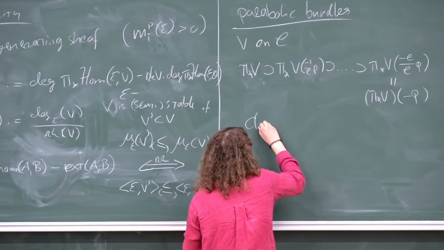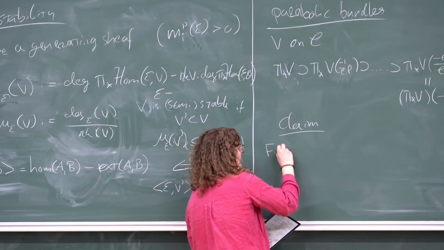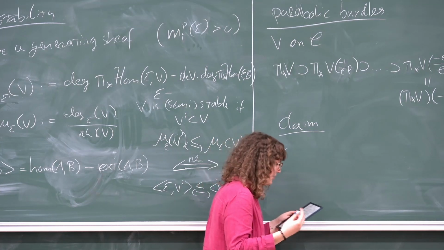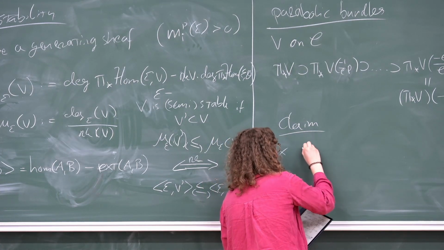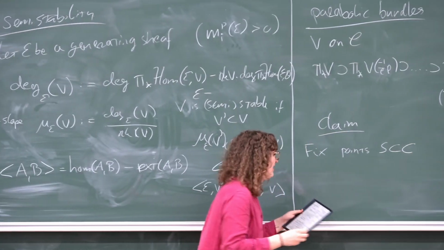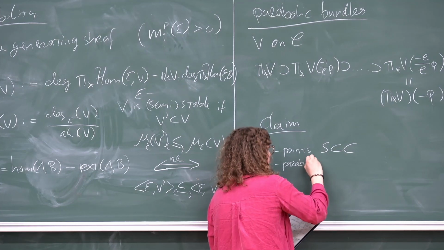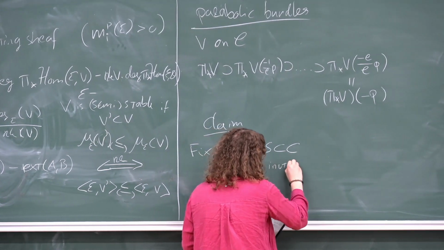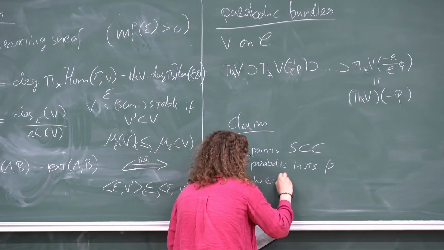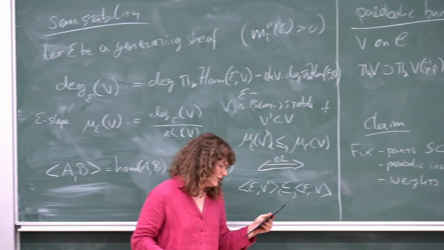And then I have a claim. Say we'll fix all the things you should fix for parabolic bundles. So we will fix some points inside a curve, some parabolic invariants, which I'll also denote by beta, and parabolic bundles come with weights, so you should fix the weights as well.